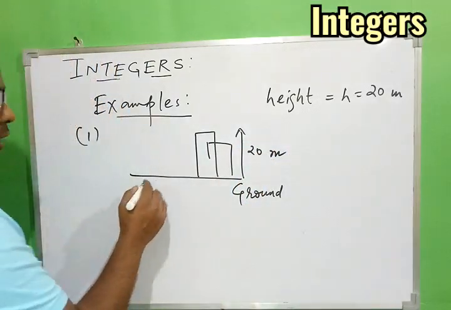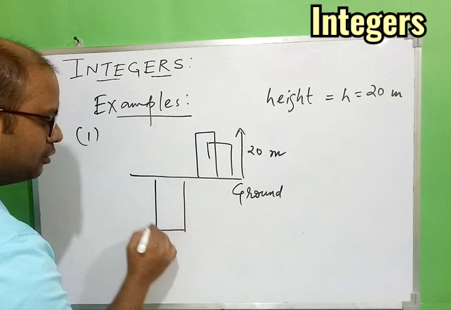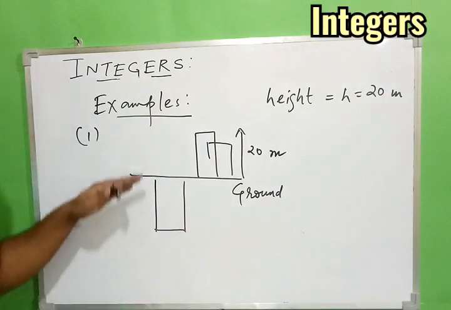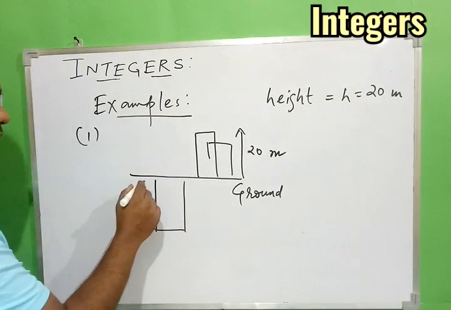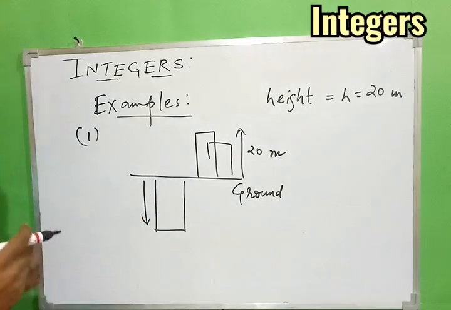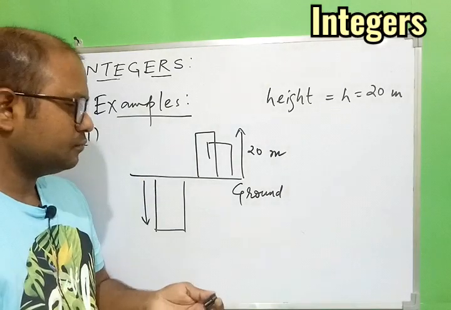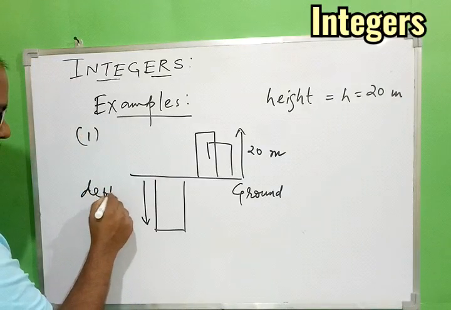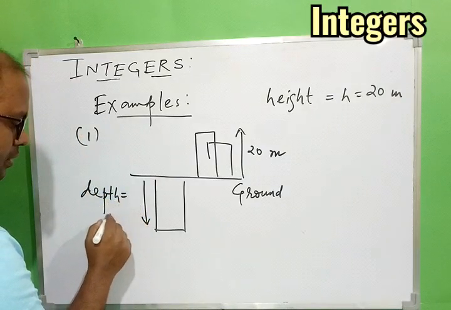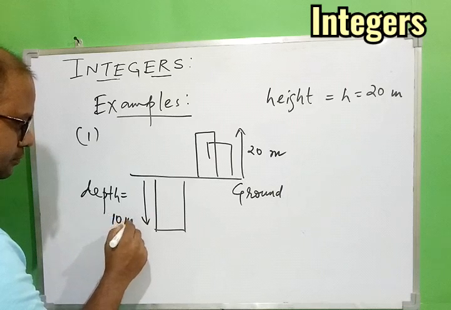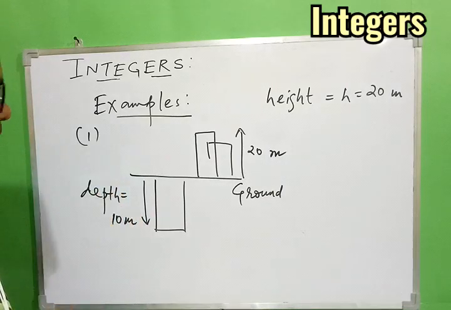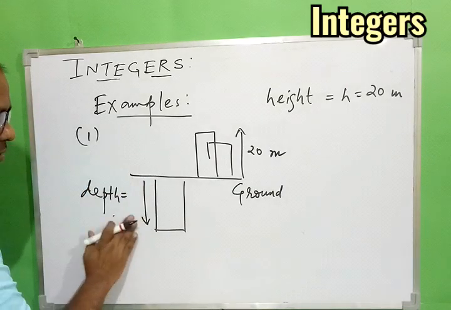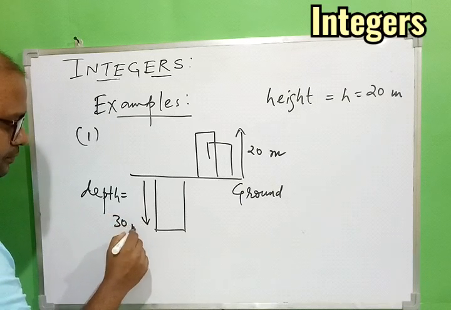But if we dig the ground such that we go below the ground, and below the ground we have created a depth, let it be 10 meter. Say it is looking bigger than this, let it be 30 meter.